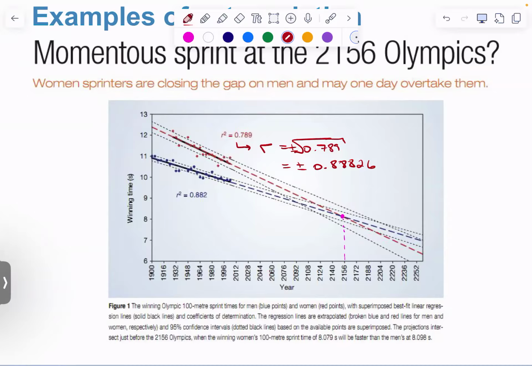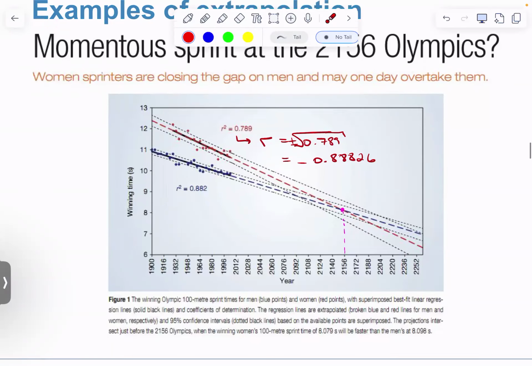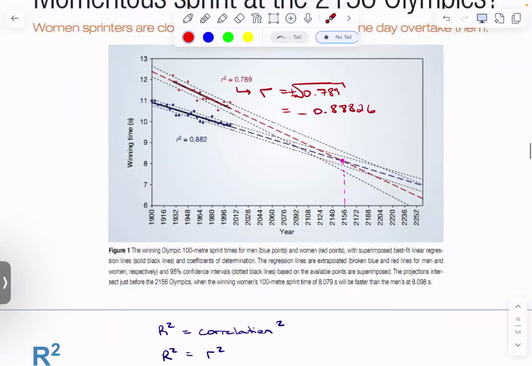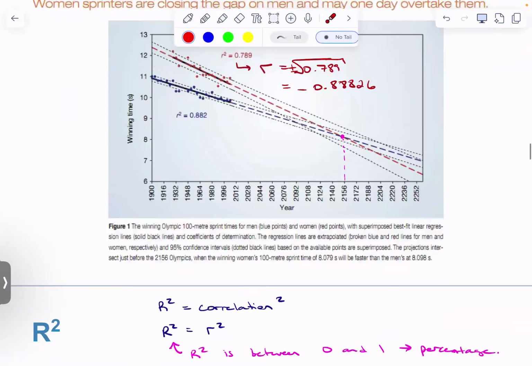And of course, when I look at this relationship, I see I have a negative relationship for both of these, which means that my correlation would have to be negative. I would choose the negative option. Well, you could do the same thing for the other one, but just to see the relationship between the correlation, which I find is easier to wrap your head around than the R squared.